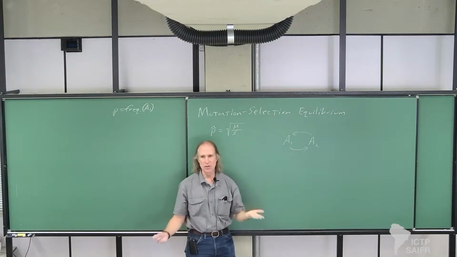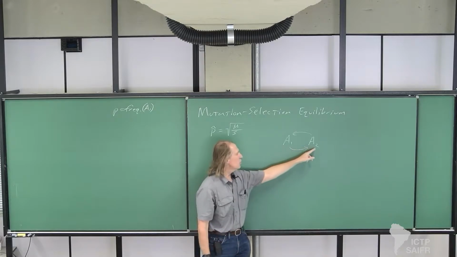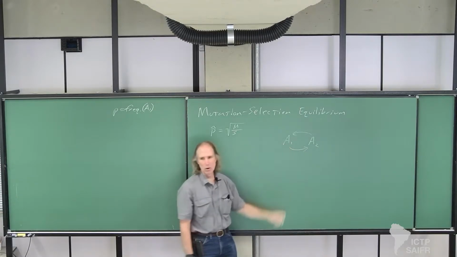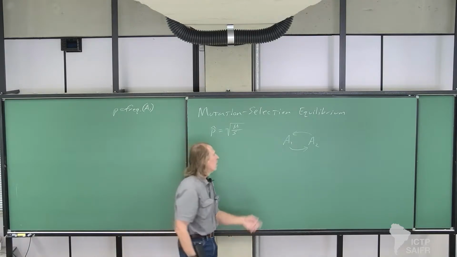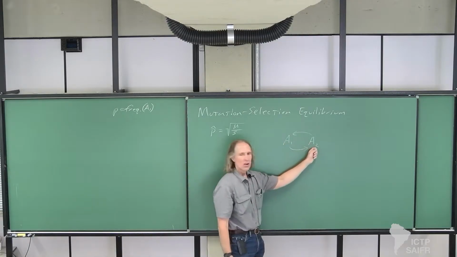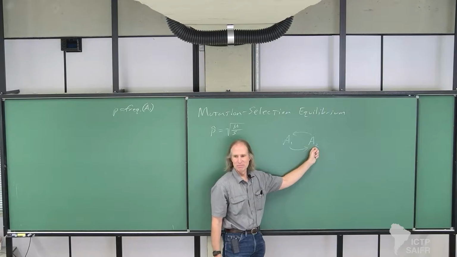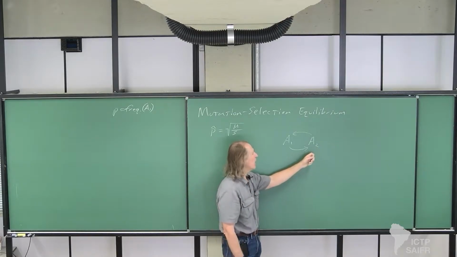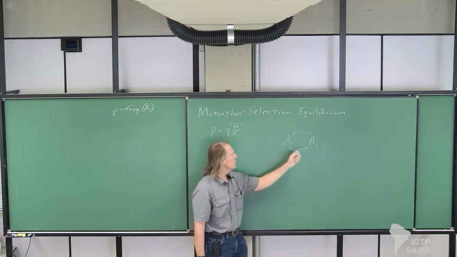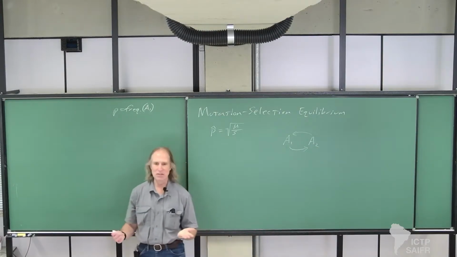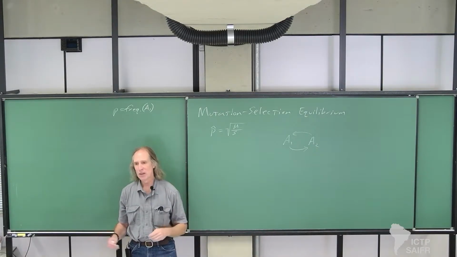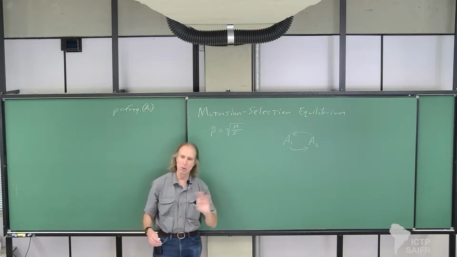In fact, there's no reason I can't say A2 is everything that's not A1. So if there are 20 alleles, we can say there's A1 and there are all 20 others, right? And in which case, the frequency of A2 is just the frequency of something not an A1. So that's the trick you use to add more alleles to it.